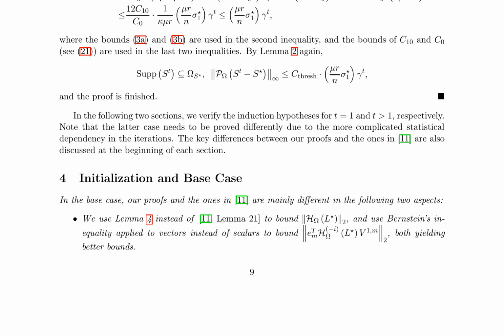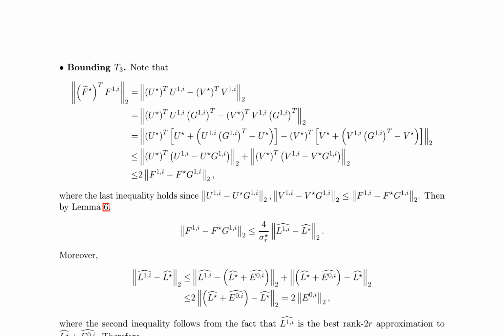For t greater than or equal to 1, the paper applies Lemma 1 to obtain a bound for L_t - L* involving the increment, the factors, and sigma_t. The key differences between the proofs in this paper and those in [11] are discussed, including the use of Lemma 4 to bound h_Omega(L) and the application of Bernstein's inequality to vectors instead of scalars.